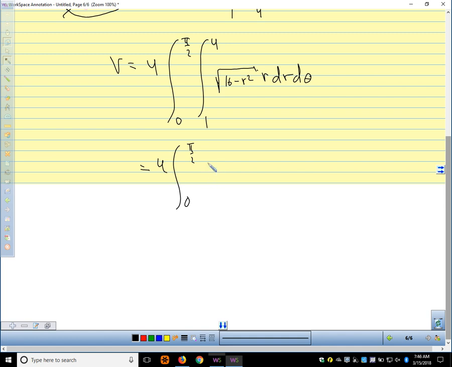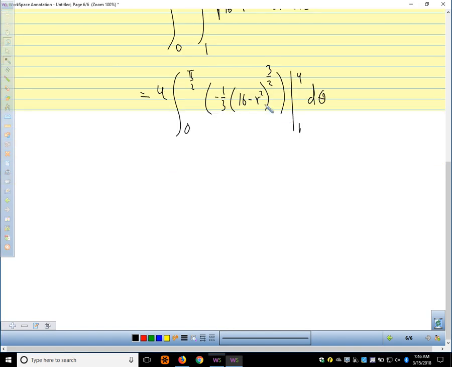So negative 1/3. Is it positive or negative 1/3? Negative. Negative 1/3. There we go. 16 minus r squared to the 3 halves, and we're evaluating that on 1 to 4, d theta.